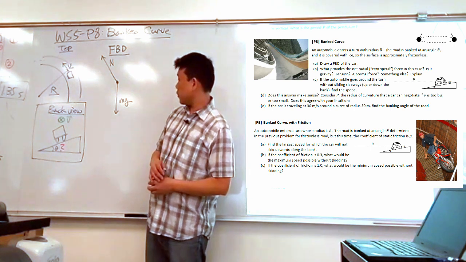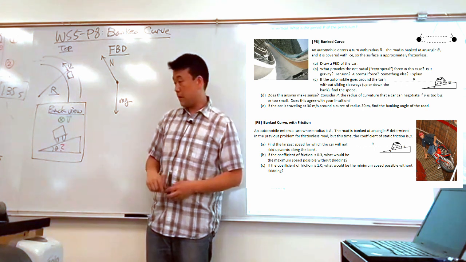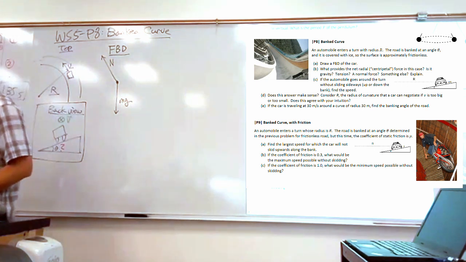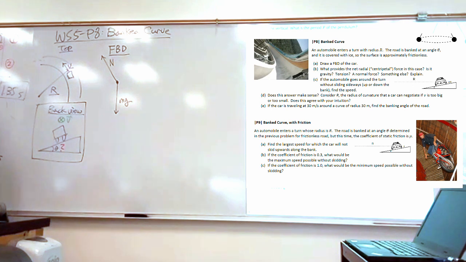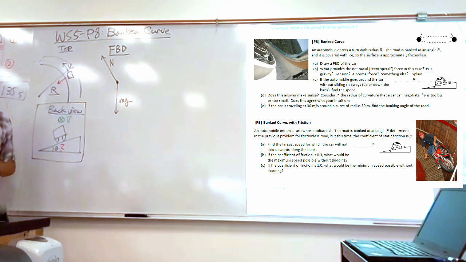So now my second question, what's the direction of acceleration based on this, or what do you expect the direction of acceleration to be? Towards the center. Yeah, towards the center. So if I drew it here, this would be the direction of acceleration. If I drew it here, how would I draw it? Down the slope or horizontal?